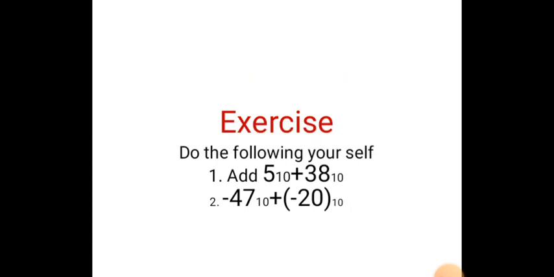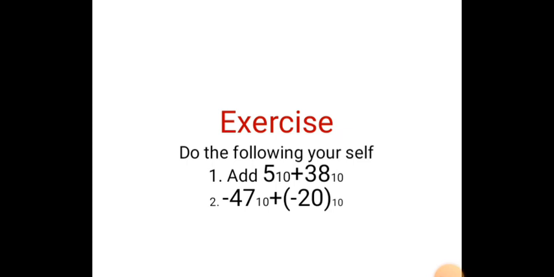Let's apply those rules by doing this simple exercise. We are going to add 5 base 10 plus 38 base 10, negative 47 base 10 plus negative 20 base 10. You should remember all the basics in this video to represent a 0 as a 1, I mean flipping the 0s into 1s in order to change a number from positive to negative.